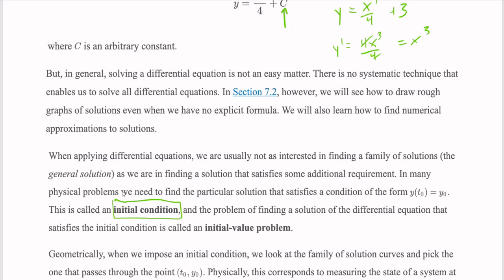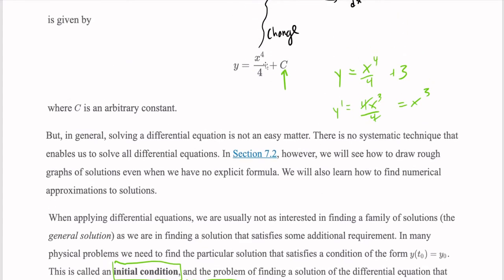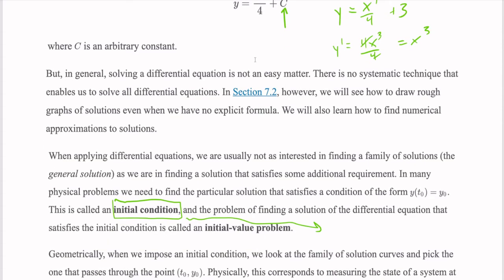What you can do here, and again why I like it so much, is figure out which of these infinitely many solutions is the right one for me in my exact scenario. I have to have a piece of information to start about the population. And this is often called an initial condition.